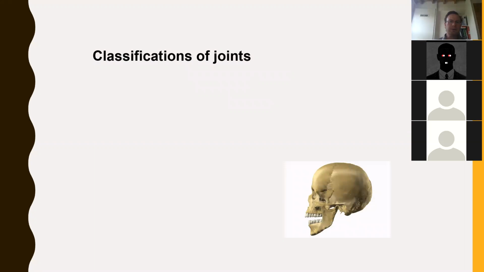This first slide looks at the broad classification of joints, and on the bottom there we've got a skull. As you're growing, as a fetus, your head is really made up of plates of cartilage.